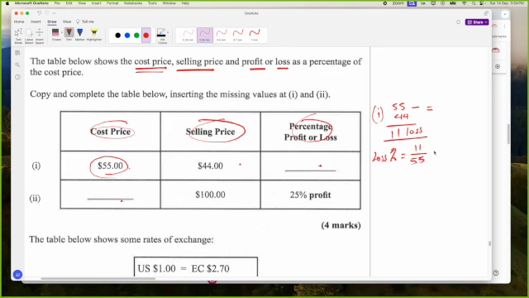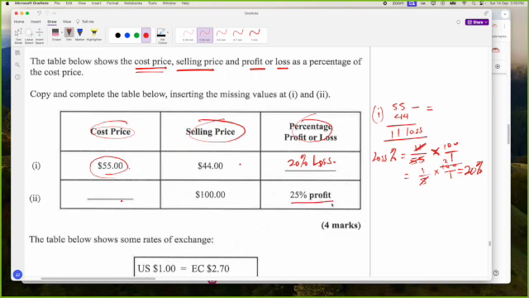Just remember the original value. That is multiplied by 100 over 1. 11 over 55 is 1 over 5, multiplied by 100 over 1, which is 20%. So we have a 20% loss here.